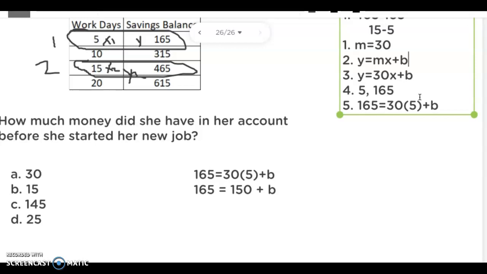The next step is going to be subtract 150 from both sides. So we're going to get minus 150, minus 150. The 150 cancel out and we get 15 equals b.